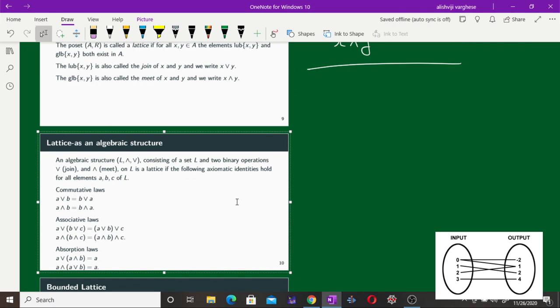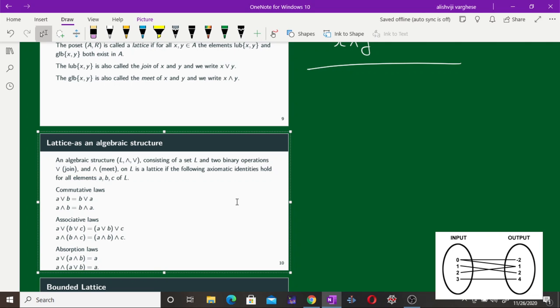We are not dealing with a lattice here as a structure generated from a partially ordered set. Here we deal with the structure axiomatically, so we define a lattice axiomatically.